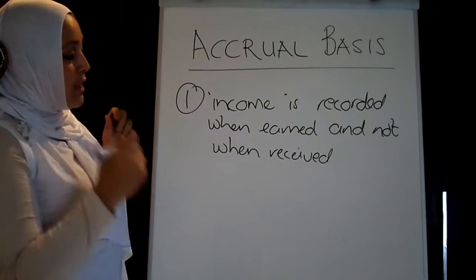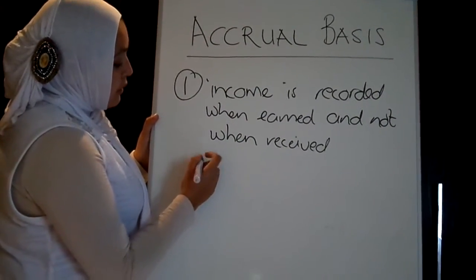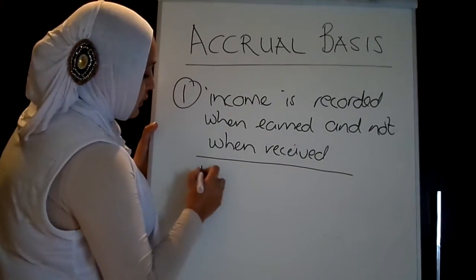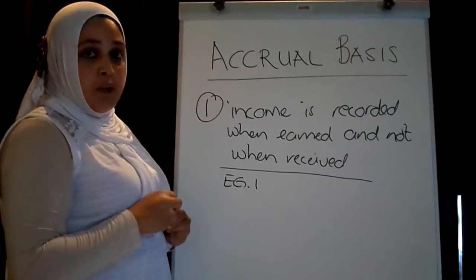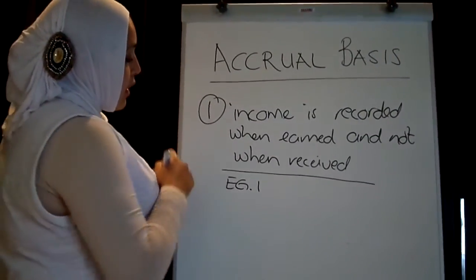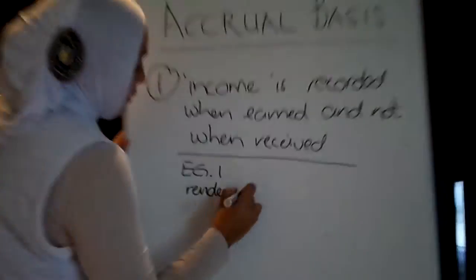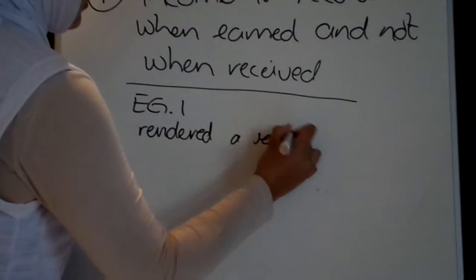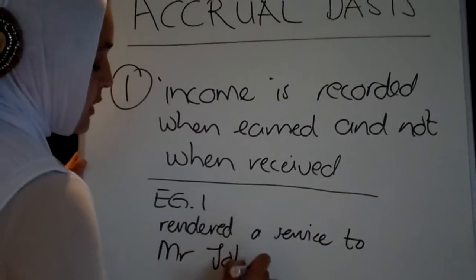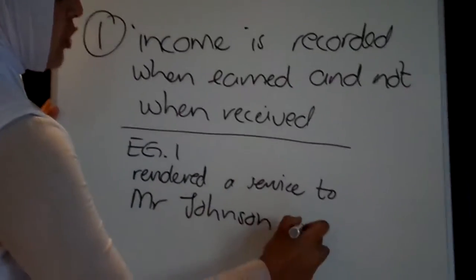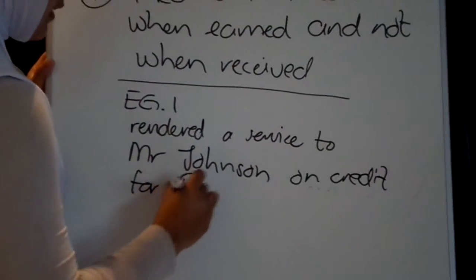Okay, so let me give you an example. I'll call it example 1 because it's part of the first part of the accrual basis of accounting. The example is you rendered a service to Mr. Johnson on credit for 10,000 Rand.